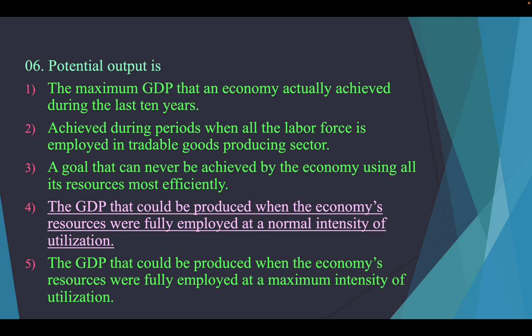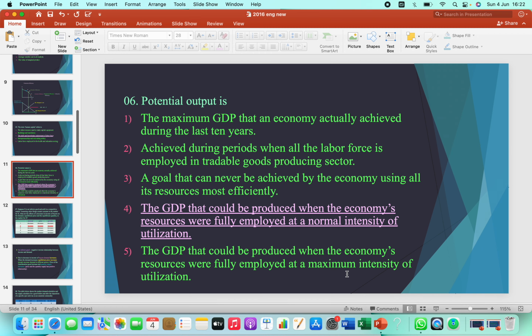We cannot use these factors maximally, otherwise they could be eliminated from the world. That is why we use them at a normal intensity rate, not maximally. So the answer is: the GDP that could be produced when the economy's resources were fully employed at a normal intensity of utilization. We have to think about the future also. These are the ways of solving these questions, with a procedure.